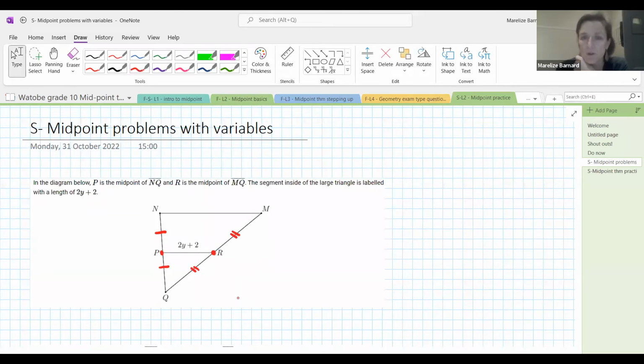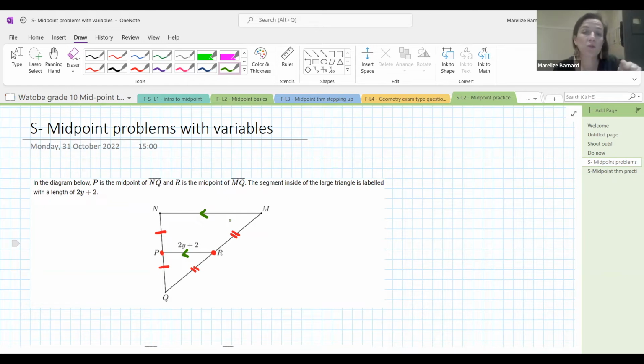So always use your colors, mark what's given in one color, and then everything you conclude after that, you can put in a different color. So we can now conclude that PR is parallel to NM because the two midpoints are given.